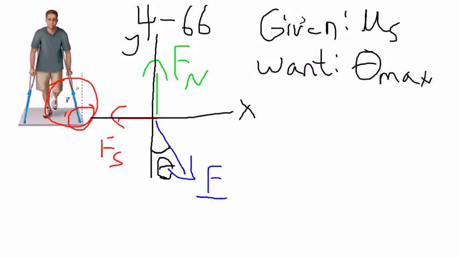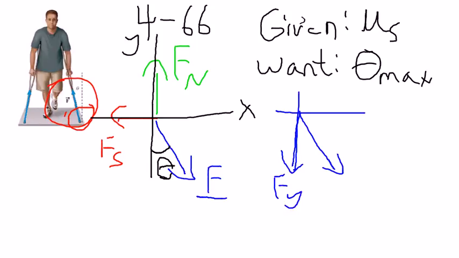So how can we break force F into its components? Let's redraw it over here. Force F will have a y component going in the negative y direction and an x component going in the positive x direction.